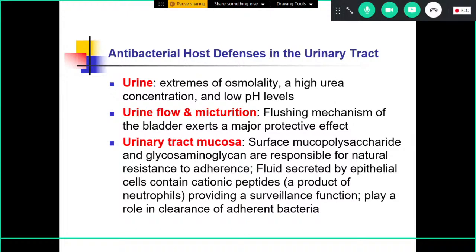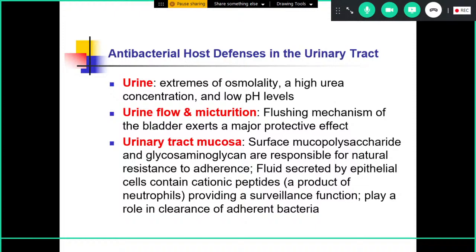Now, coming to the antibacterial host defenses in the urinary tract, where the host is going to protect itself. One is the urine. The extremes of osmolality, the high urea and low pH levels are protective. Urine flow and micturition, which exert a flushing effect, are also protective.